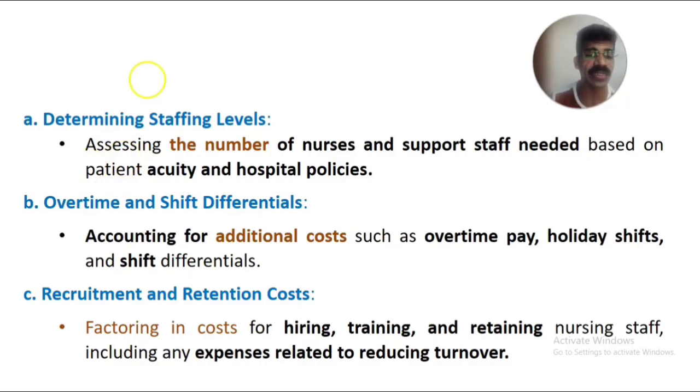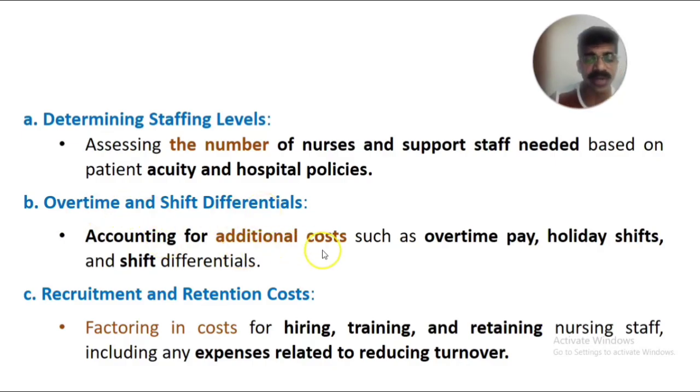So the first is identifying the number of nurses required and other support nurses, assistant nurses or nursing aides required based on the patient needs, patient problems and the hospital policies. The number of staff also depends upon various hospital policies according to the type of hospital and the different nursing departments.